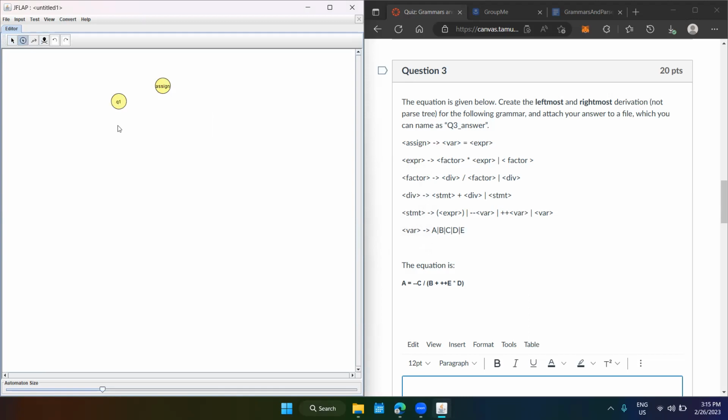So it should have 3 children, right? It'll be var and then equals and then expression. Okay, and so this right side was pretty easy, I believe. Middle one is equal, and this one is expression.